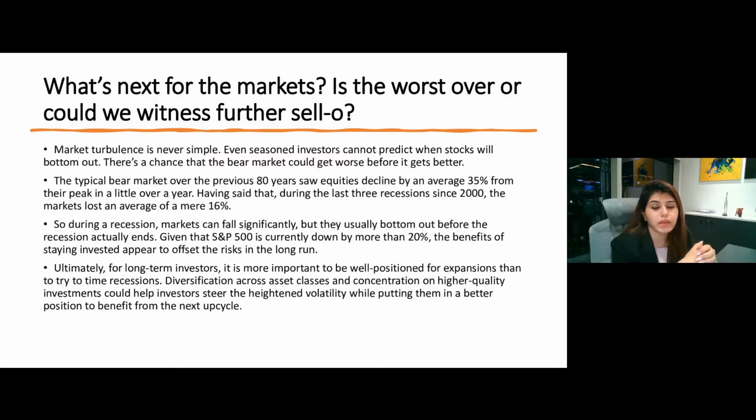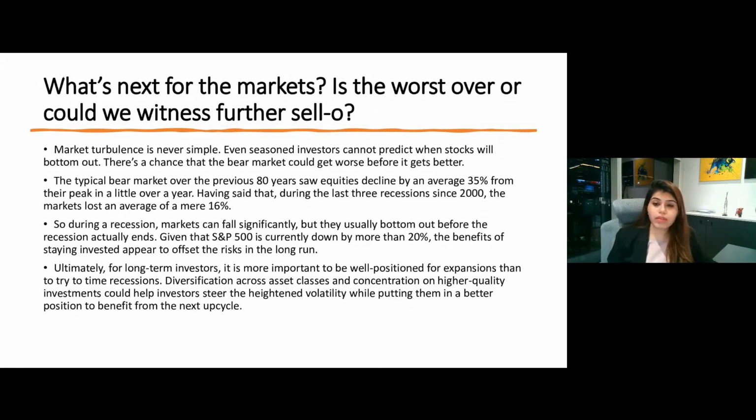But for now, they are sticking to the plan that they will go ahead with the rate hikes and focus on bringing inflation under control. That is what has been stated by the Federal Reserve and other central banks also, for that matter.